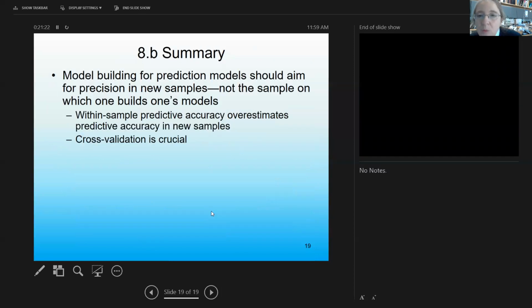And then the second important concept we covered was cross-validation, in which, in any context, when one is building prediction rules using predictor variables and then evaluating how well they work, we must cross-validate, which is to say to build the rule in one sample and test its value in another sample.